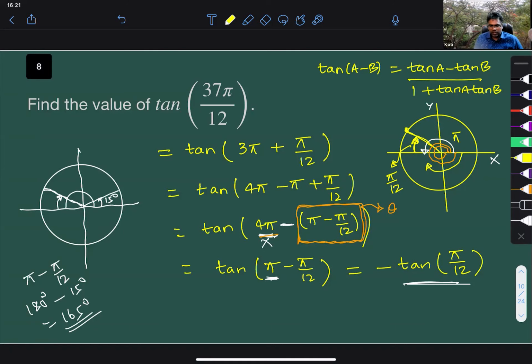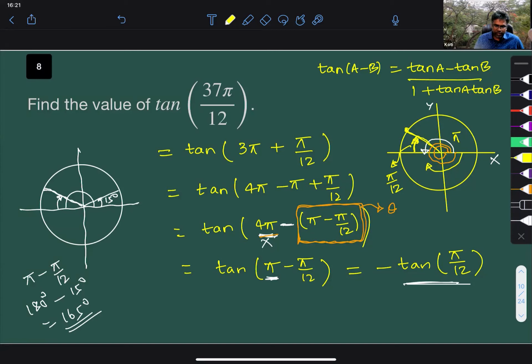Do you agree? Yes. So from here, we are just writing it as tan of pi minus pi by 12. Is that agreed? Yes. Okay.